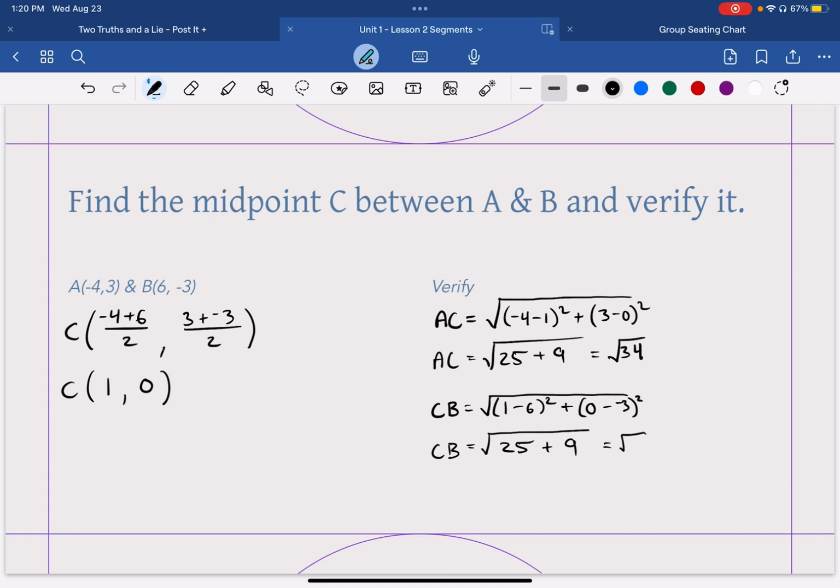So we end up with 34. Well, look at that. Essentially, AC is equal to CB, which tells us that segment AC is congruent to segment CB. And so therefore, C is a midpoint.